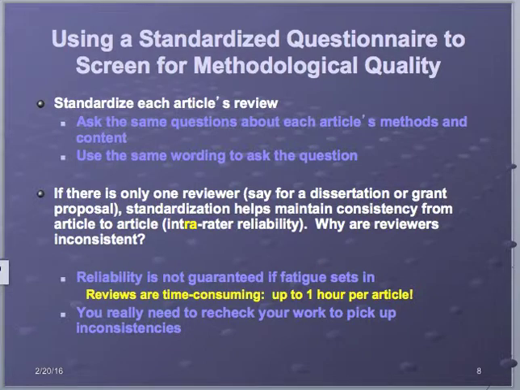The other one that Fink talks a little bit about in her chapter is the idea of using some kind of questionnaire.